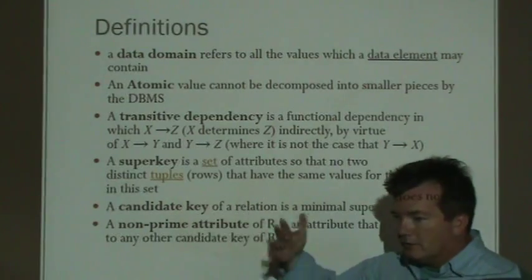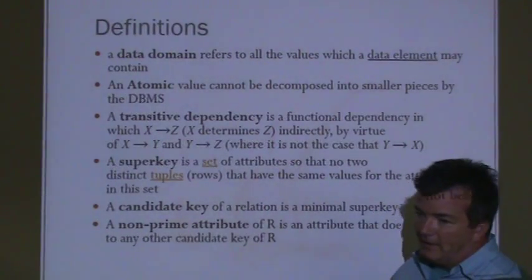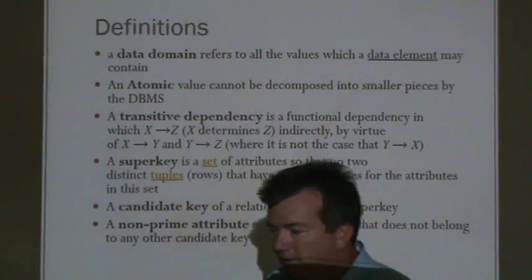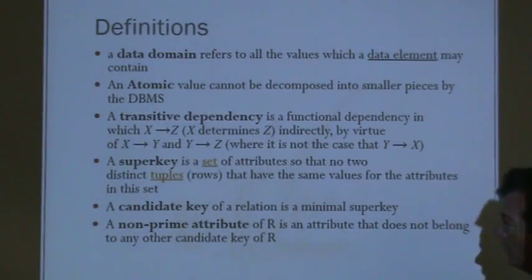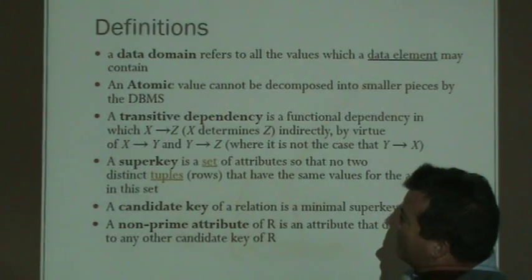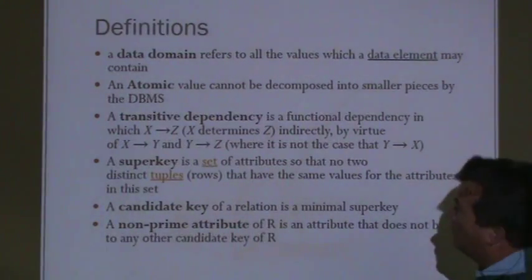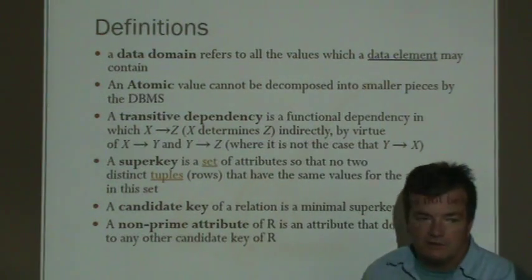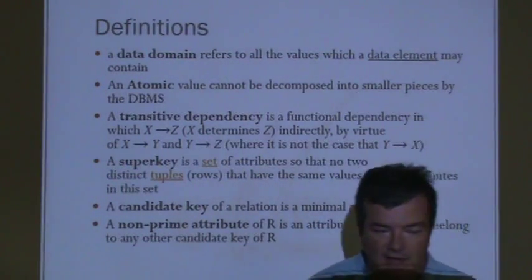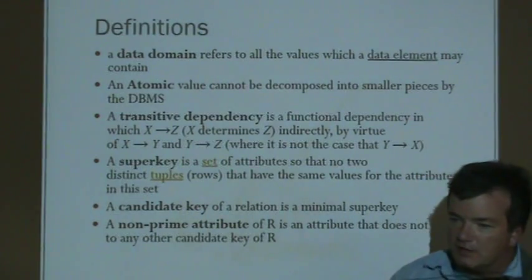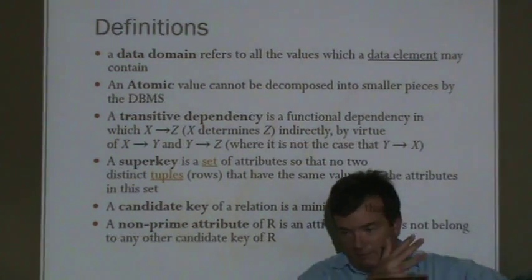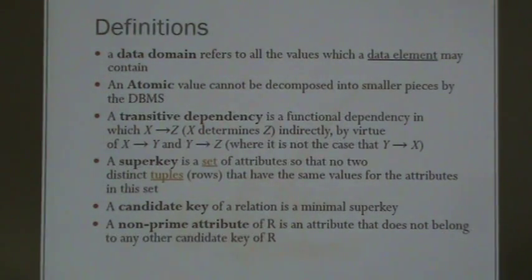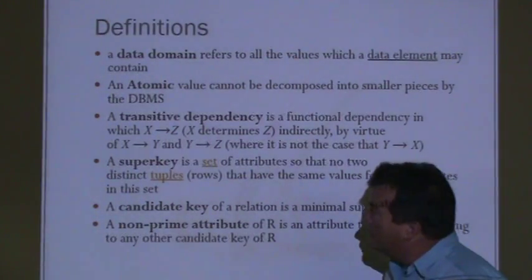Could be varchar, and then the question is what possible range of numbers can go into those fields, and how many fields can go in. An atomic value is a value that cannot be decomposed into smaller pieces. So for example, we couldn't say that a person has two phone numbers in one field, because one phone number is for one phone and another phone number is for another phone. So that's what an atomic value is.